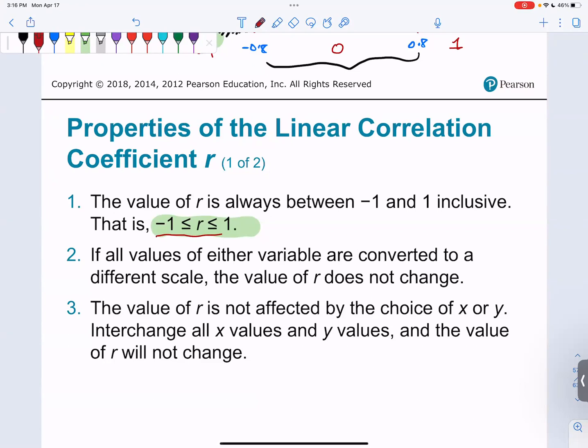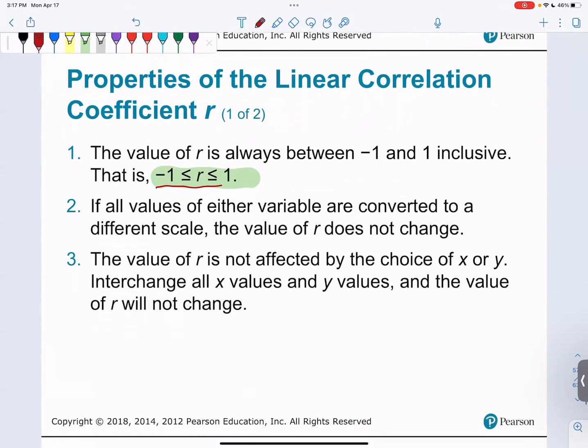And then if all values of either one of those two variables are converted to a different scale, the value of r will be exactly the same. So imagine that we have X and Y: 1, 2, 3, 4, 5, and then we have 7, 6, 3, 2, 1. And then we multiply the X variable by any number.